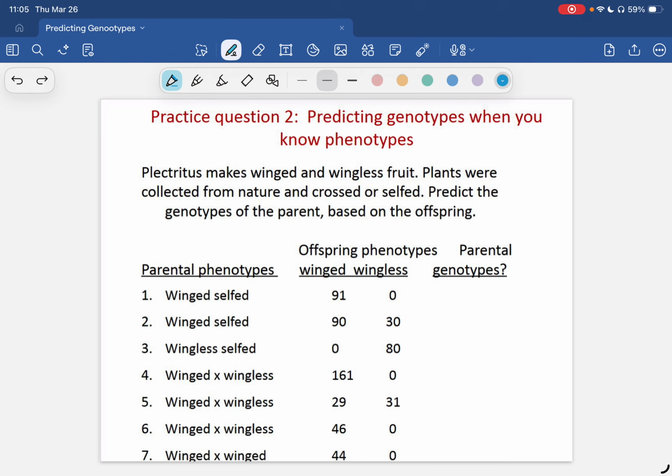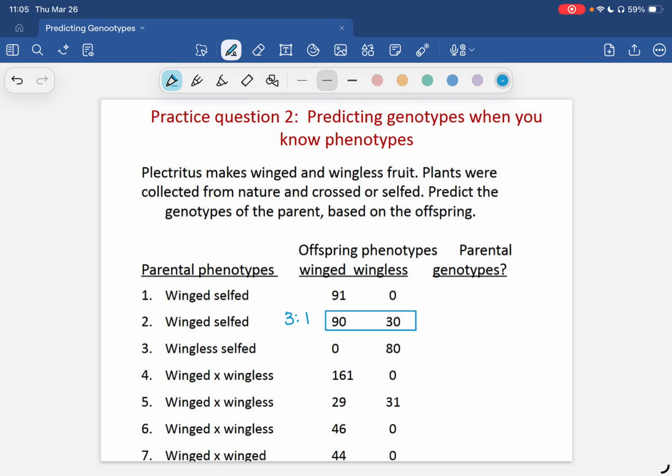So kind of looking at this, it looks like we have in the first example winged selfed. We only have winged individuals. However, in the second example, we have a winged selfed, but we have a 3 to 1 ratio. So that 90 to 30 would be that 3 to 1.